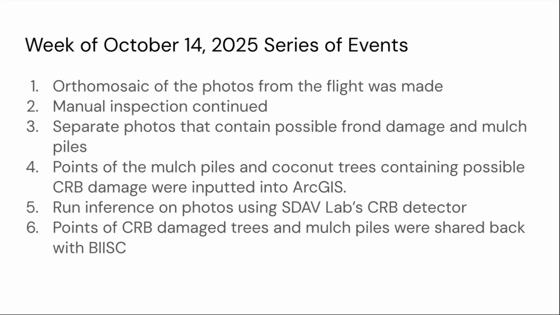And then we were also able to run inference on these photos using the CRB detector to see if it could automatically find any of the damage to fronds that we were also picking up manually. And then the points of the CRB damaged trees and mulch piles were shared back to BISC so they can continue with their ground truthing.